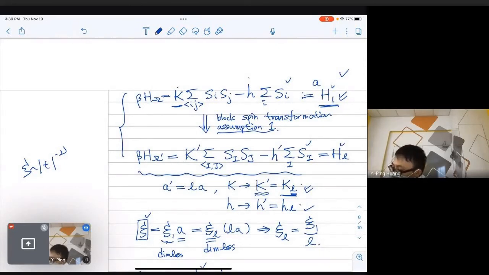But now these block spins have a different coupling constant according to how we do the block spin transformation. Maybe I should have said this before we did the calculation, but now we can still see what we are trying to do.